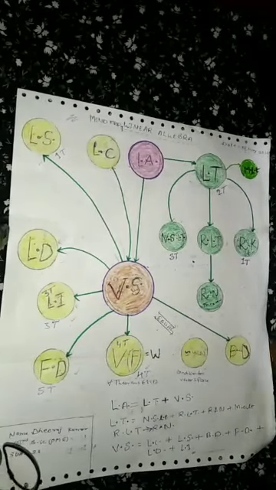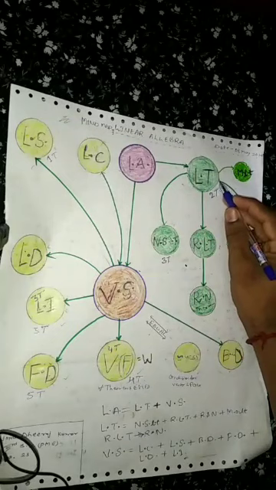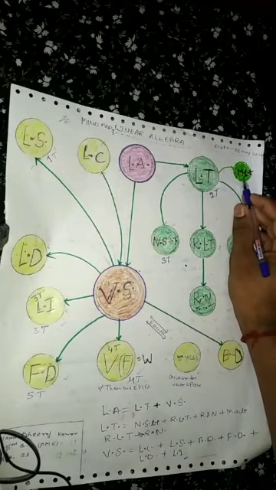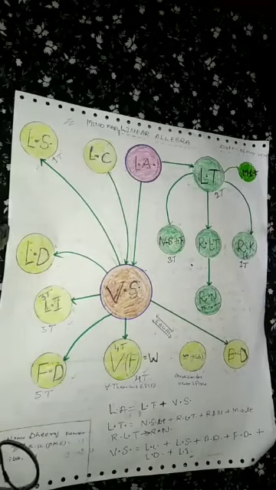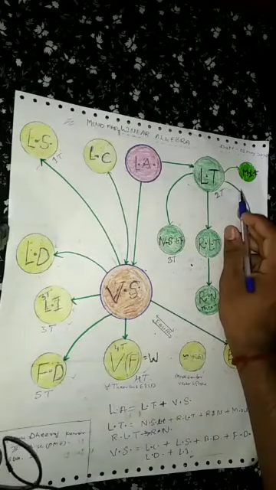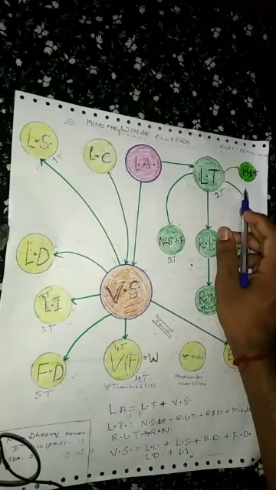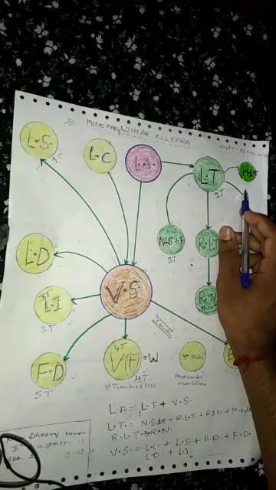After linear transformation we'll come to the MLT, that is, matrix of linear transformations. The definition of matrix of linear transformation: let T from U to V be a linear transformation from a vector space U into a vector space V, where U and V are of finite dimensions m and n respectively.